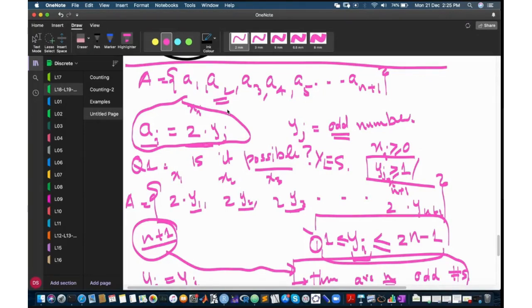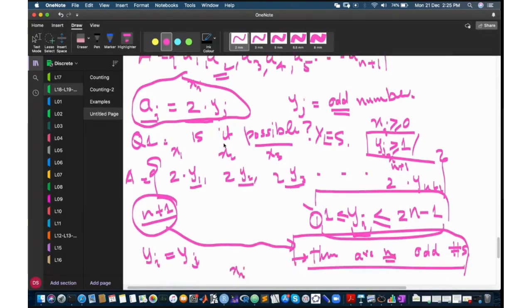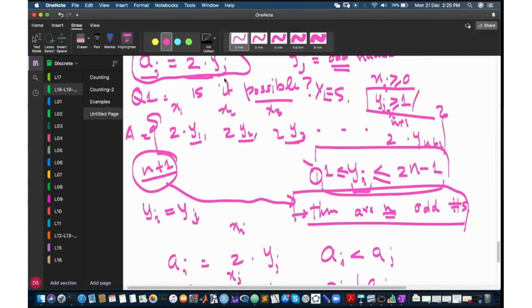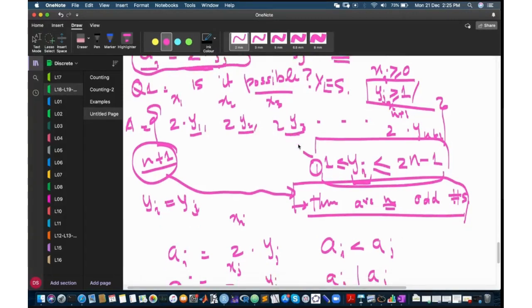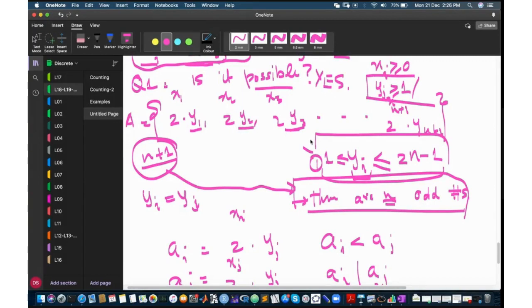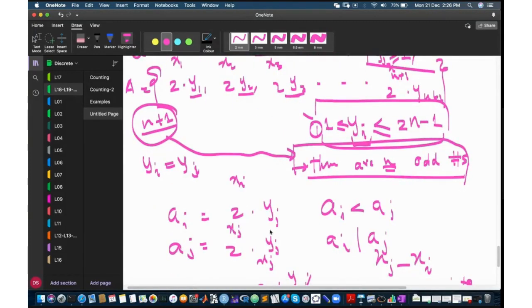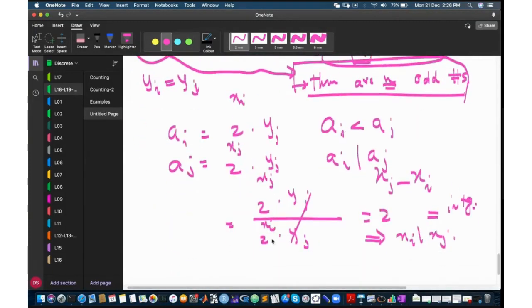So I wrote my numbers as 2 to the power xi times yj, where yj is an odd number. I know that the number of odd things in this range is n, and I'm choosing n plus 1 of them, which means that two of them must be equal. If two of them are equal, then one ai divides the other aj, for which yj is equal. Okay, and this completes the proof.